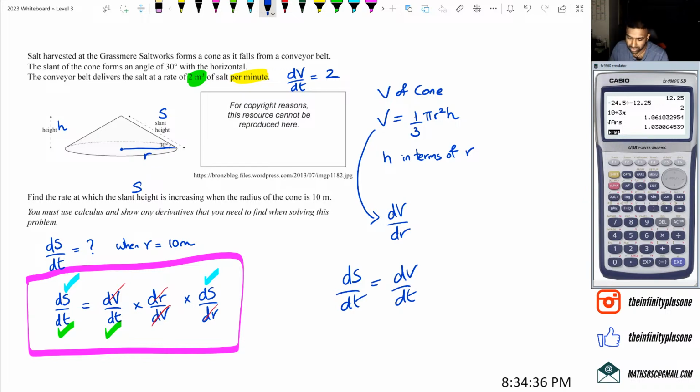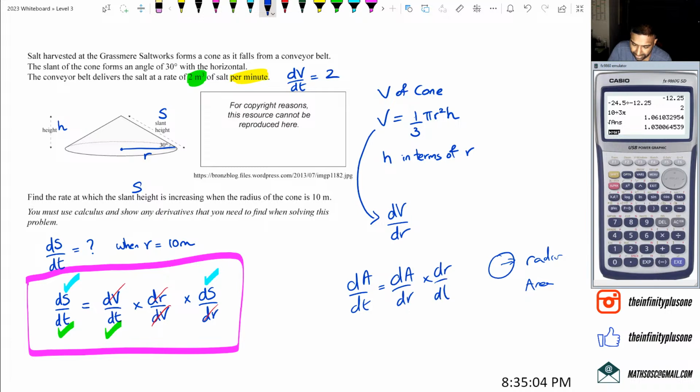So Eswani, in the pink box, what we're trying to do is, normally the kind of questions would be requiring 2 variables. So if I look at the area of a circle, and the radius is increasing at a particular rate, what's happening with the area, and so on. So they can have dA dt equals dA dr times dr dt. dr dt is the rate at which the radius is expanding. dA dr is just A equals pi r squared differentiated, which is equal to 2 pi r.